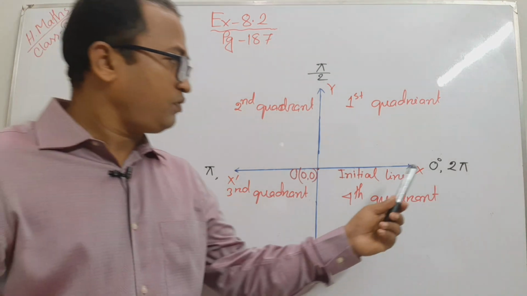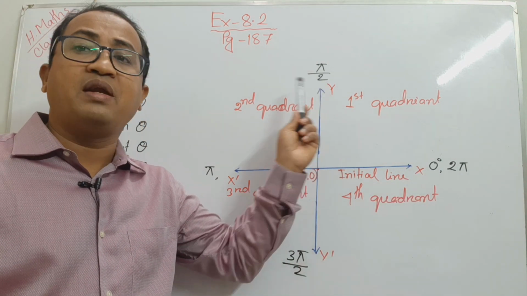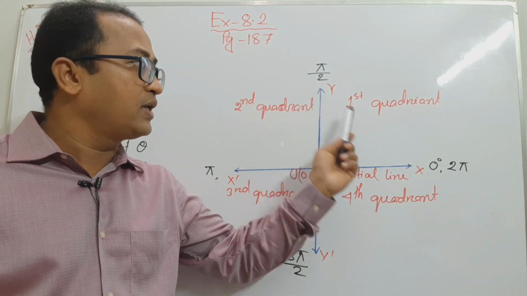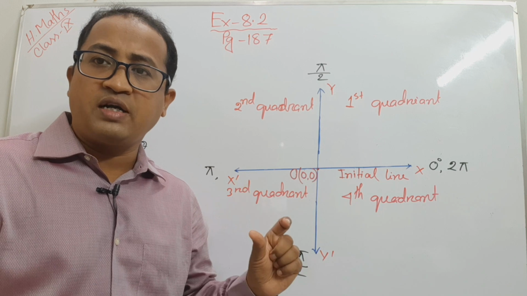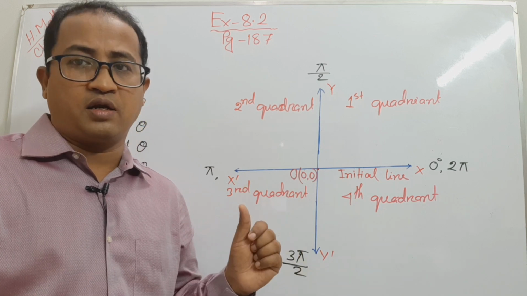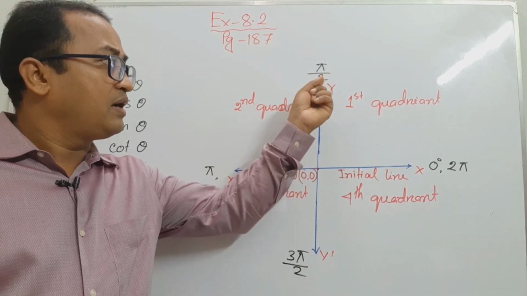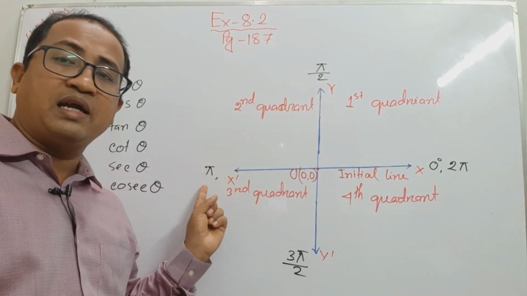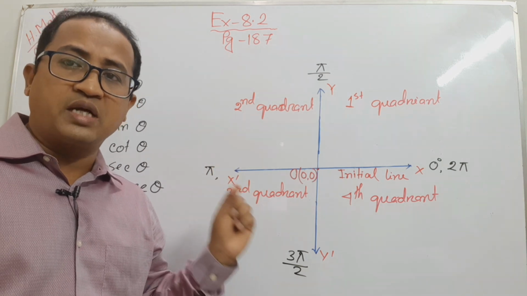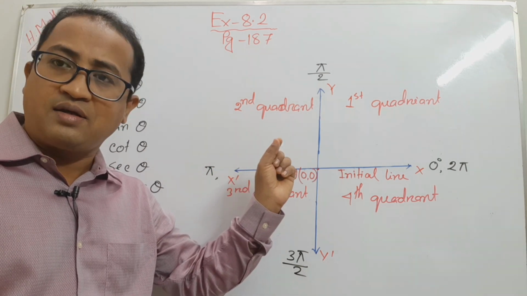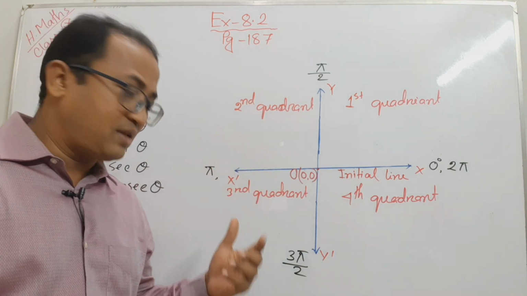That means from 0 degree to pi by 2, I mean 90 degree, this is the first quadrant. So the range of the first quadrant is from 0 degree to 90 degree. The second quadrant is from 90 degree to 180 degree, that is pi by 2 to pi.